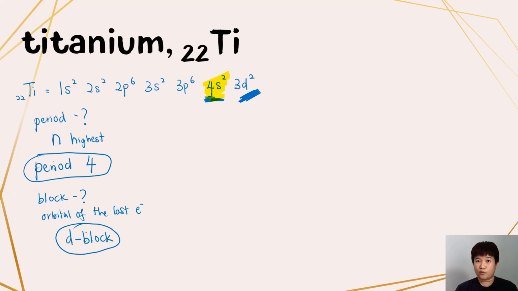By knowing the block, we also can work out the number of valence electrons. Since it's a d block, the number of valence electrons will then equal the 4s plus the 3d. So the 4s having 2 electrons, 4s2, 3d having 2 electrons, 3d2.